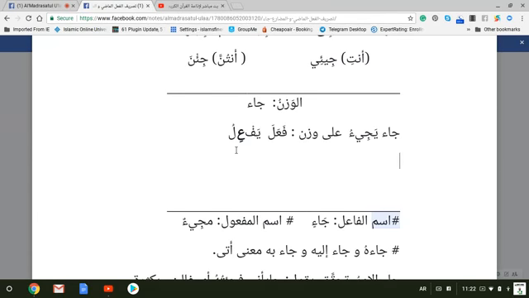We'll learn about that later on. It is a little bit complicated, and it's not really an introduction into Arabic verbs. It is patterns. It's complicated.